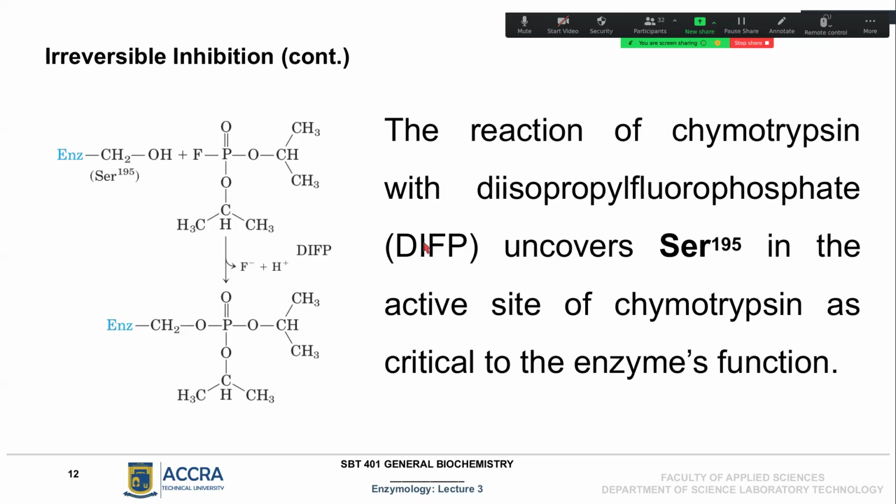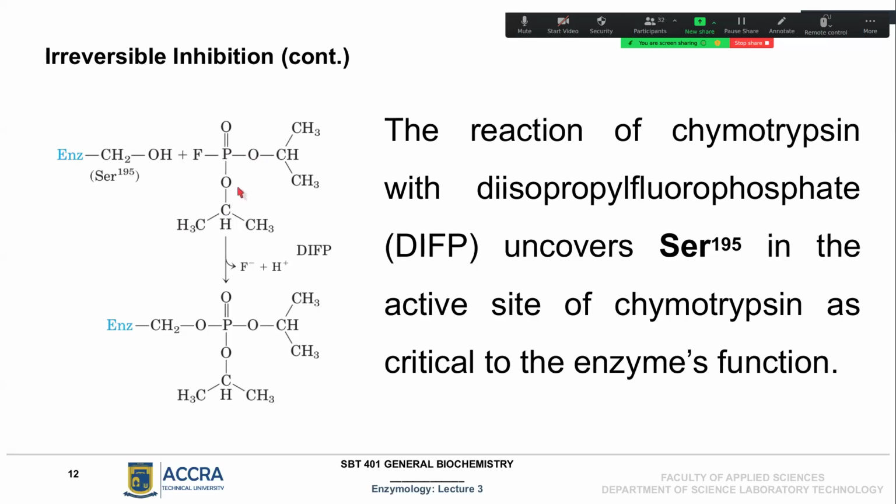So if this is DIFP, this is the fluorophosphate group, and you see that there are two isopropyl groups. This is an isopropyl, this is another isopropyl. So you have diisopropyl, with the fluorophosphate bound to them.